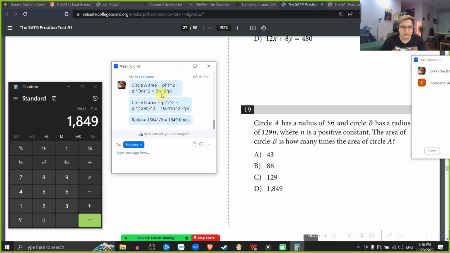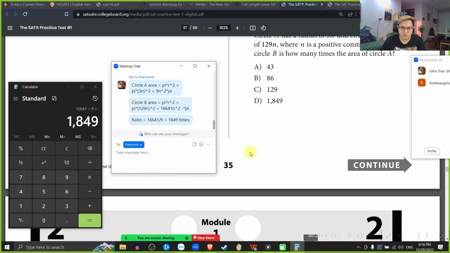They have the same n squared and the same pi, so they eliminate each other when you take the ratio, right? So D is the correct answer.